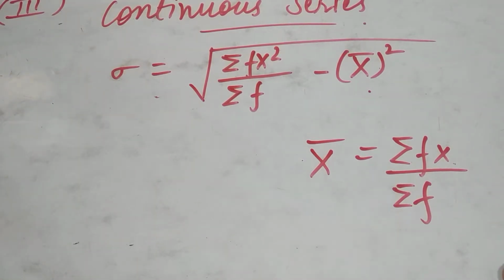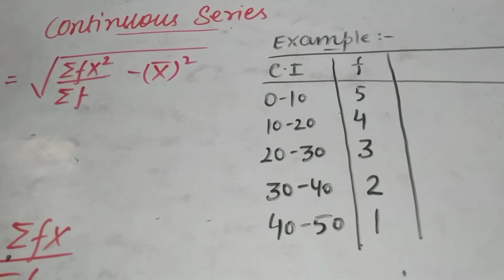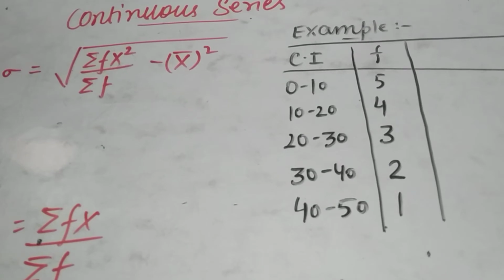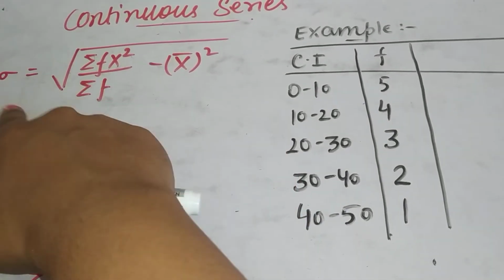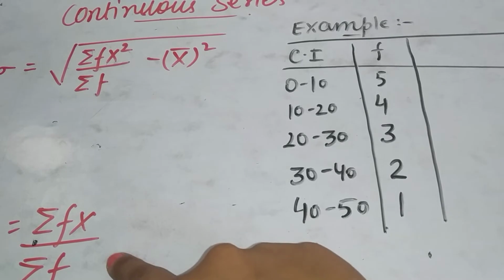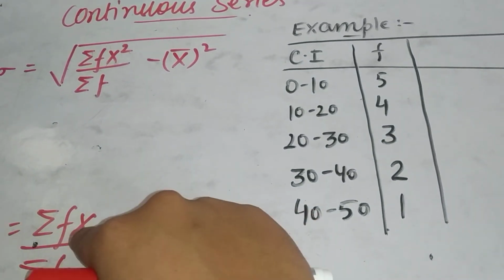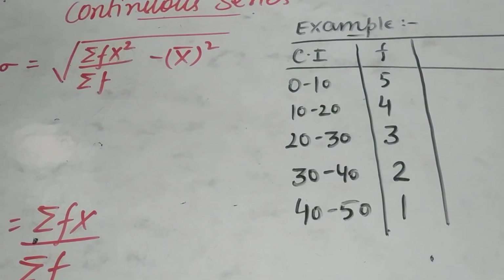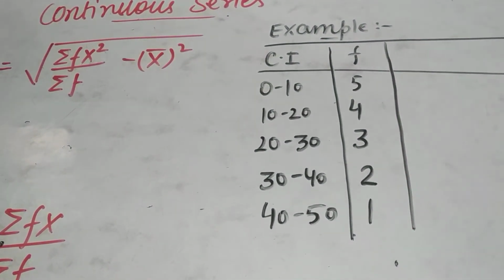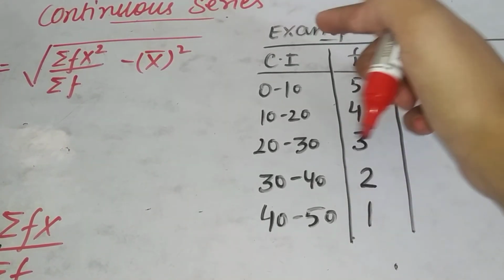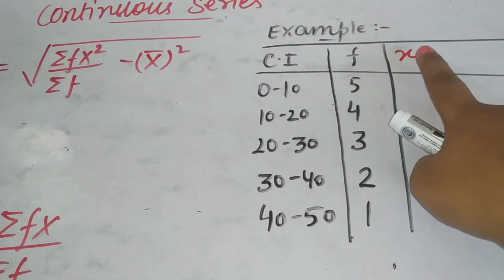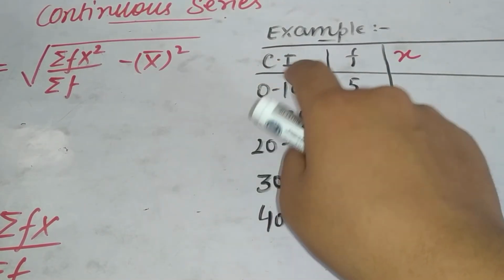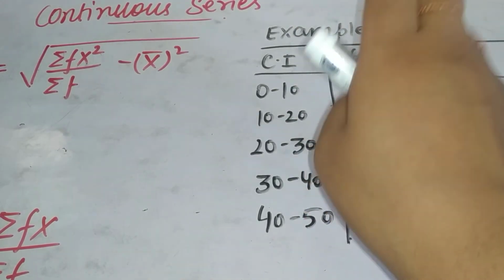Okay, let's discuss. I have taken a very simple example for continuous series. Firstly, calculate the value for mean, because we require mean to calculate the standard deviation. Mean is calculated using the formula summation fx upon summation f. So firstly calculate the values for x. x is calculated using the mid value formula, that is upper limit plus lower limit divided by 2.